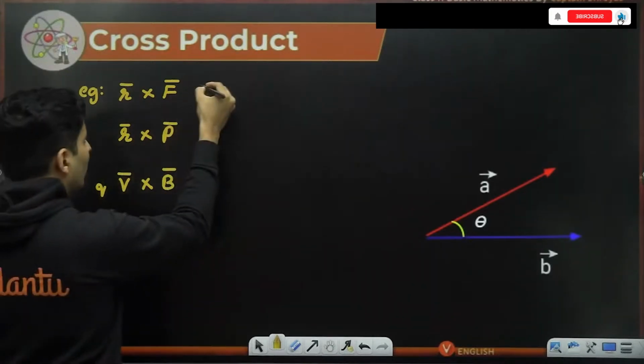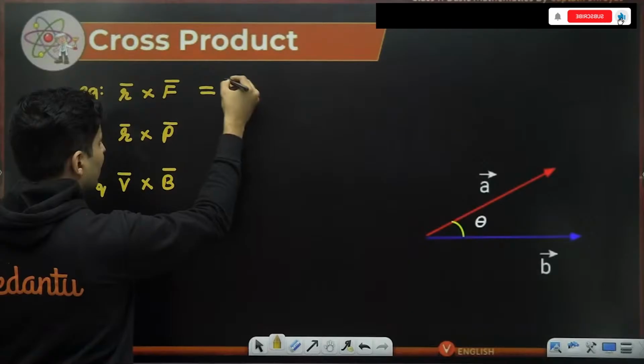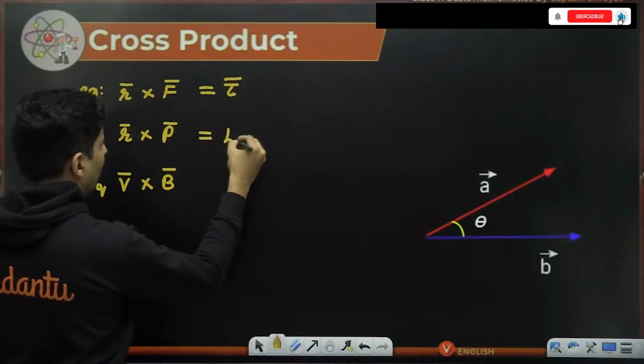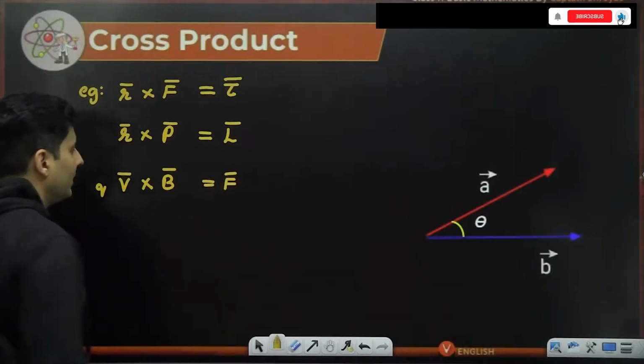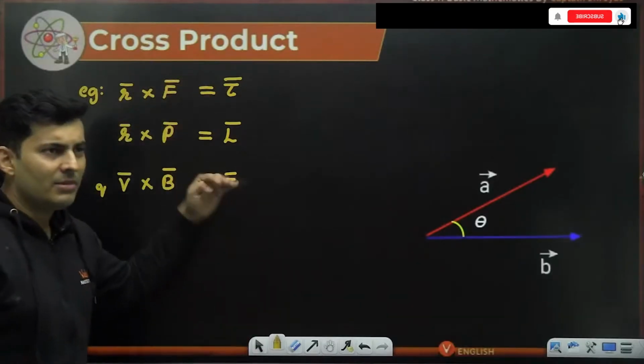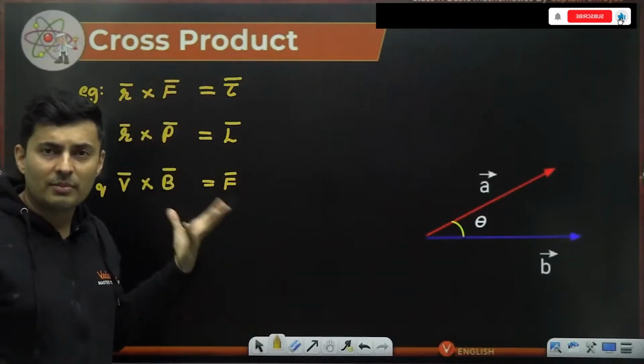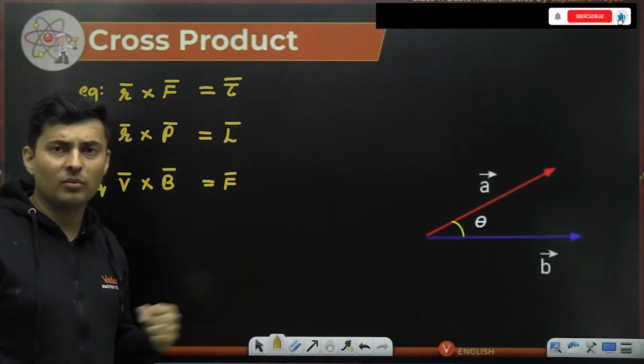You will see the outcome of this is a new vector, which is like torque. Here it is angular momentum. Here this is the force on a charge due to magnetic field.